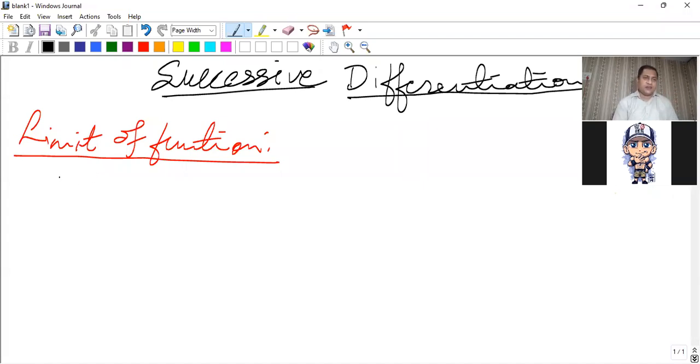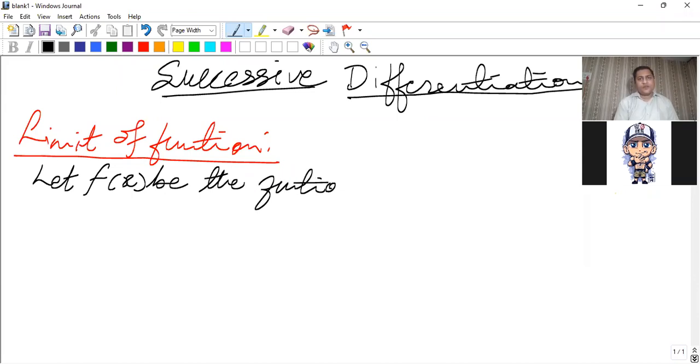So when we say the function has a limit, suppose I have a function. Let f of x be a function of x. Then what do we say?